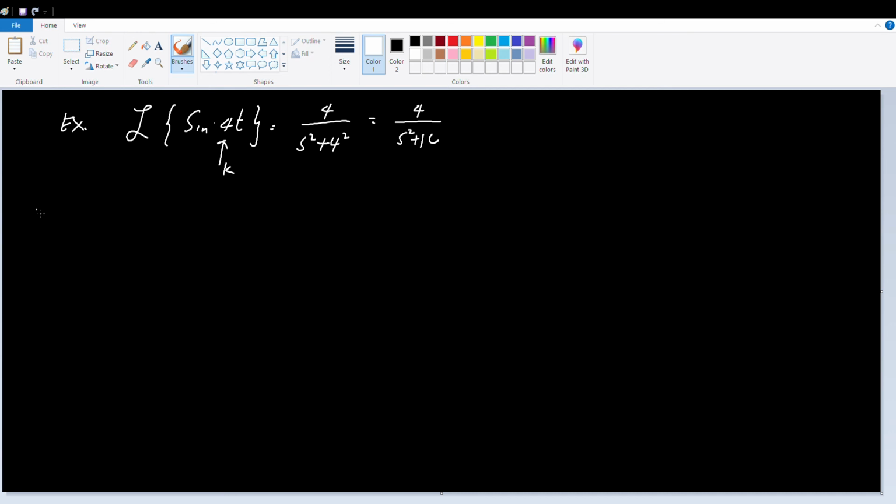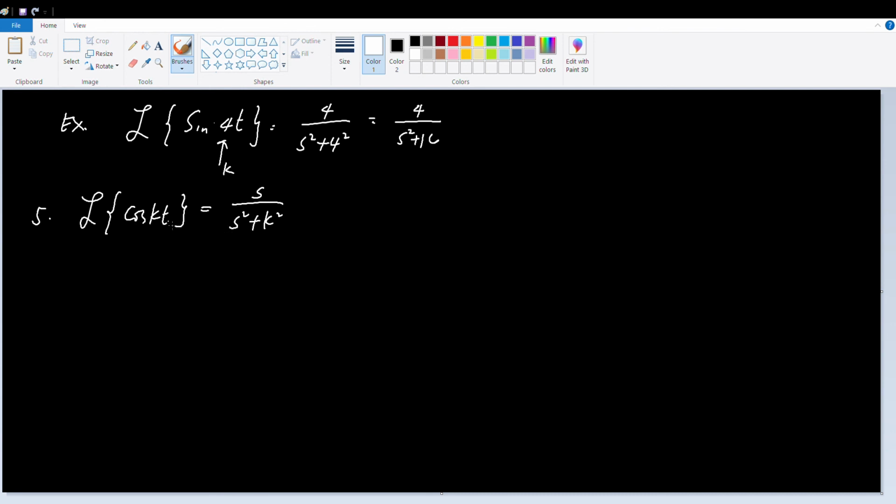Now, the next one is the Laplace transform of cosine kt. Following the derivation of the formula for the Laplace transform of sine kt, the Laplace transform of cosine kt will be equal to s over s squared plus k squared. Take note, the numerator now is s instead of k.